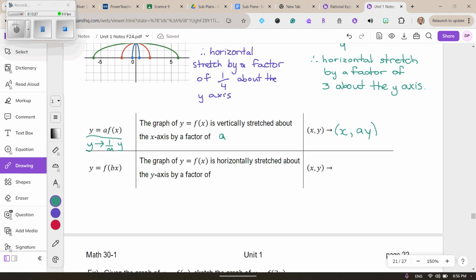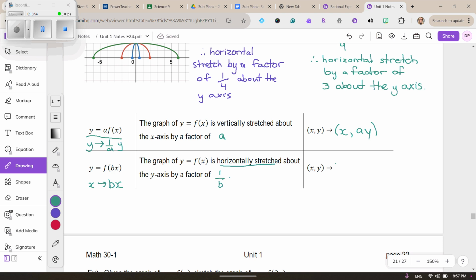Okay, let's look at the horizontal stretches now. So here we have y equals f of bx, which means we are taking x and replacing it with bx. So if we replace x with bx, the graph of y equals f of x is going to be horizontally stretched about the y-axis by a factor of 1 over b.